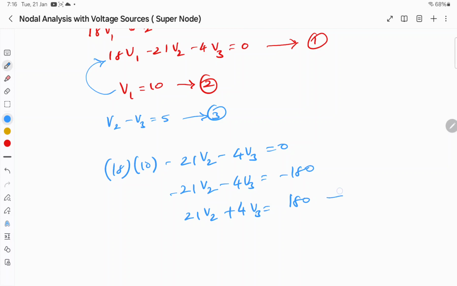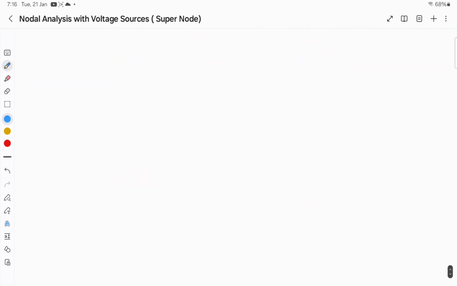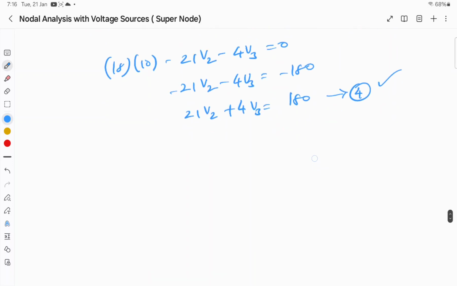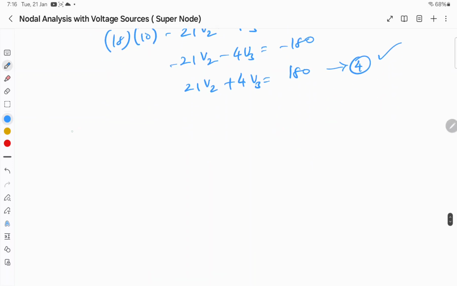Let me say this is another equation. So solve equations 3 and 4. You should be getting the nodal voltages V2 and V3, right? Is this okay? Now we'll go into another problem. Solve equations 3 and 4, we will be getting V2 and V3.